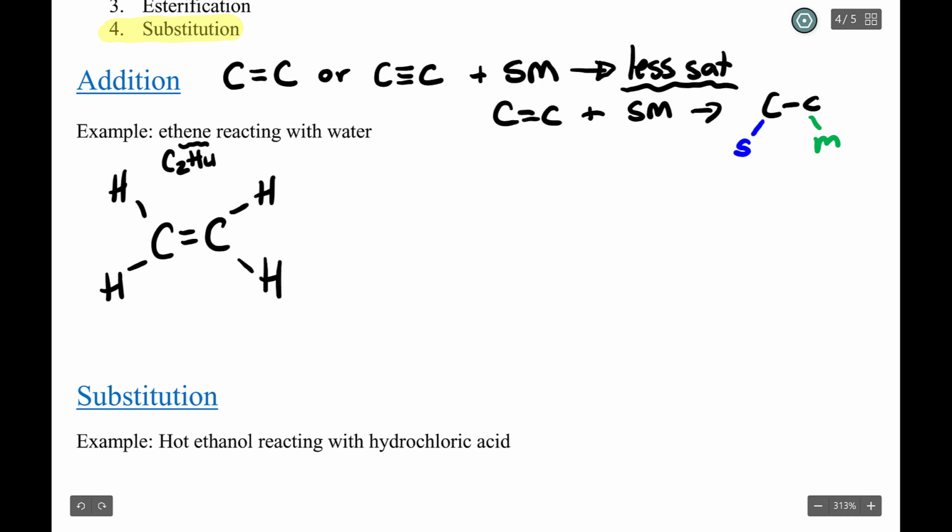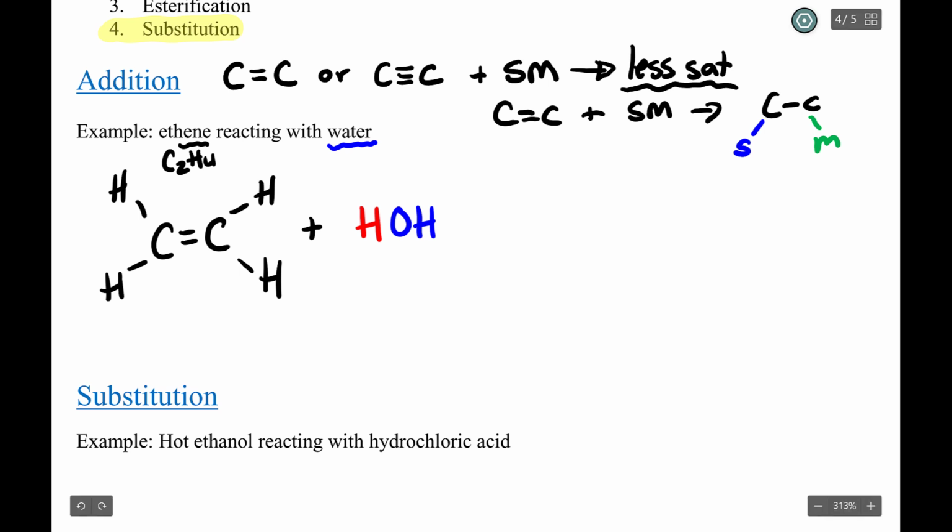Now, my small molecule is going to be a water molecule. Whenever I write out my water molecule in an addition reaction, I always like to write it out as HOH, because that's how it behaves.